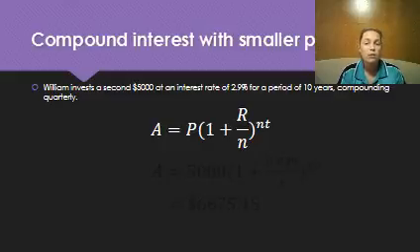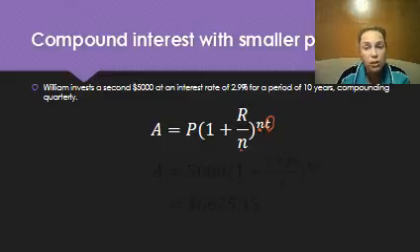Now let's just have a look and think what this means. So when we're talking about n here, what we're looking for is the number of times per year that the investment compounds. And t will be the total amount of time.